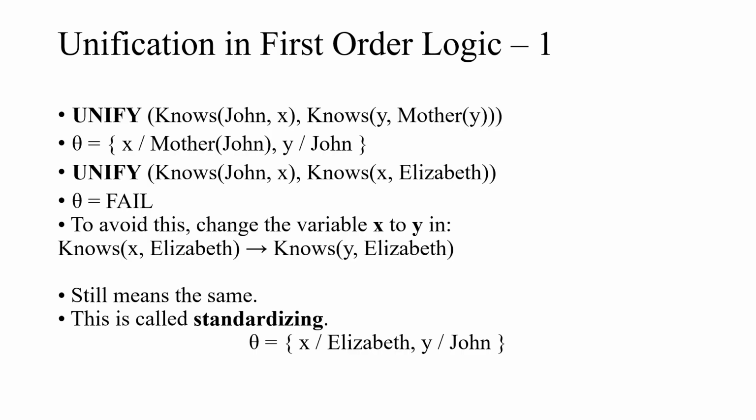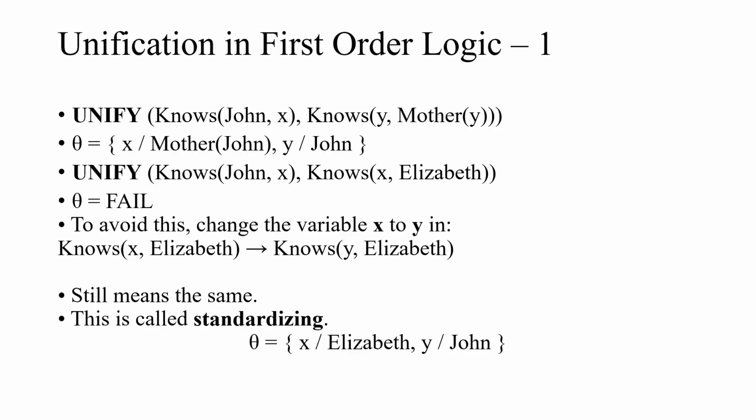So how does the standardizing process work? For the first one, knows(x, ...), we already have x as a variable, so we can store the variable for Elizabeth. This one implies knows(y, Elizabeth). Here x is Elizabeth, and then we access the different name with a different variable.